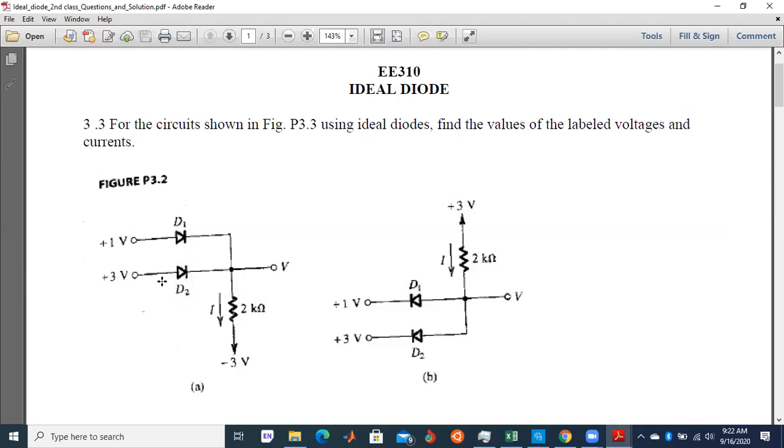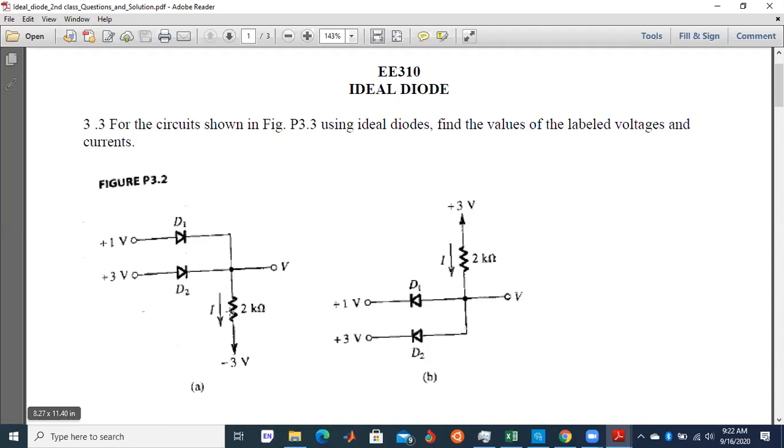So if D2 is on and this one is off, this is already open circuit, and this one will be what? Short circuit. What will be the value of the voltage source from here? Of course, we expect that the 3 volt will be fed here. So the voltage source V will equal to 3 volts, because this diode will be replaced by wire.